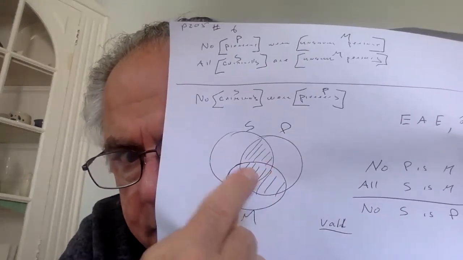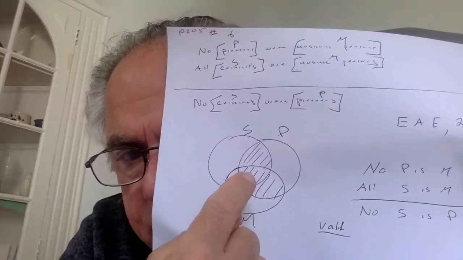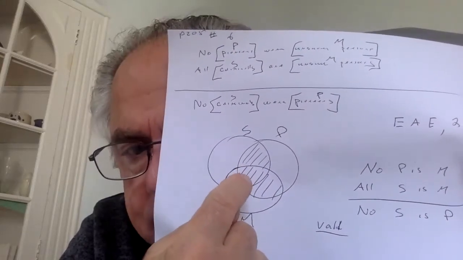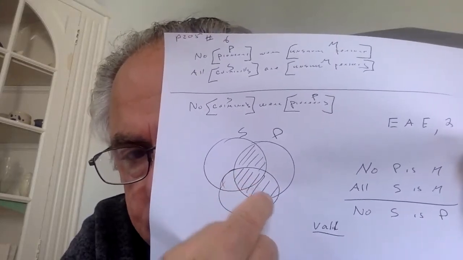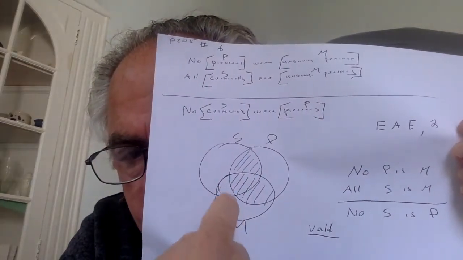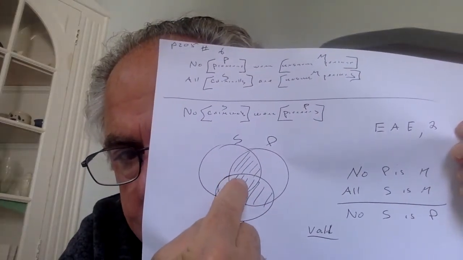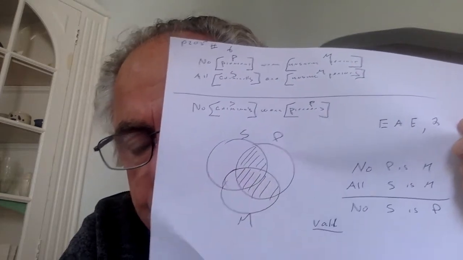No P is M. So I have to cross out all the P's that are at the same time P's and M's. If it's an S, I still cross it out because that's an S, that's a P, that's an M. So I cross that out too. You see you have 1, 2, 3, 4, 5, 6, 7 realms. That realm right there is where S, P, and M all interlock.